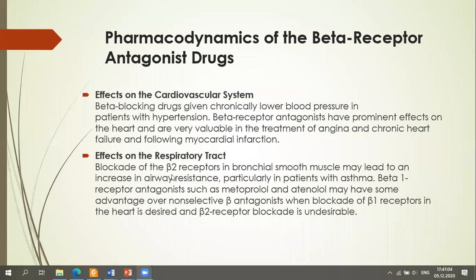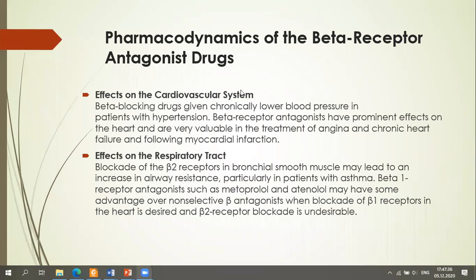Okay. So blockade of the beta receptors in bronchial smooth muscle may lead to an increase in airway resistance, particularly in patients with asthma. So it needs to be considered whether the patients have an asthma condition or not, and according to that they need to be given beta-2 receptor antagonists.